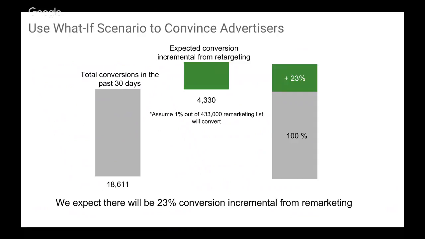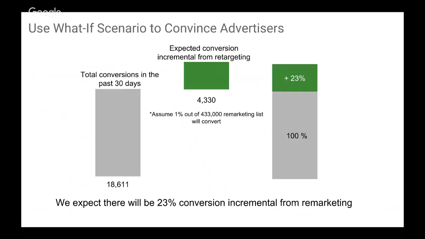So this is the type of analysis that requires some kind of hypothesis, but you can use it to convince your client why they should invest in remarketing lists. You can also do the same for prospecting customers. For example, you'll be able to see from our remarketing list that in Hong Kong there are about 1 million financial in-market audiences. Let's assume out of the 1 million people, 1% of them will convert.